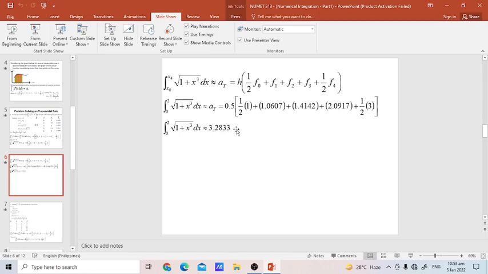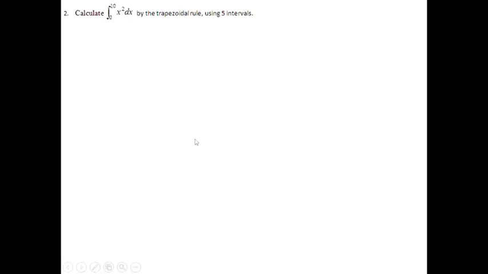All right. So we proceed now. Calculate the integral of x squared dx by the trapezoidal rule using 5 intervals. Solution: a equals x sub 0 equals 0. b is equal to x sub n equals 10. For 5 intervals, n is 5.